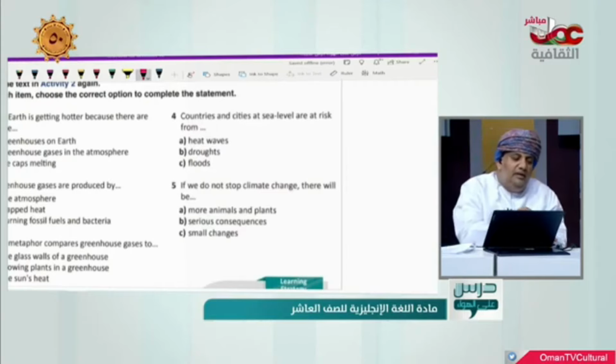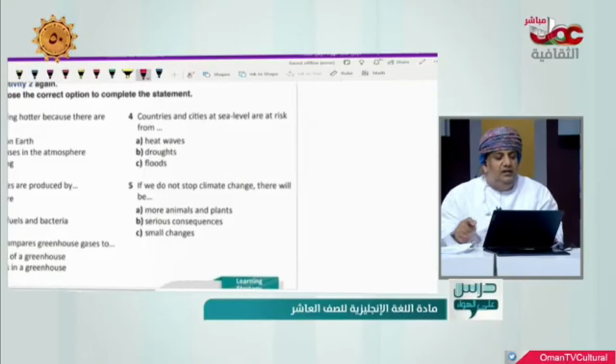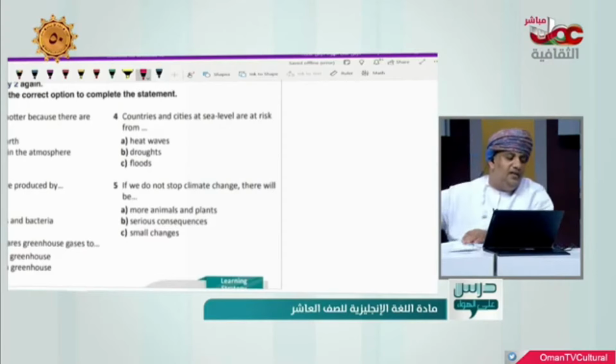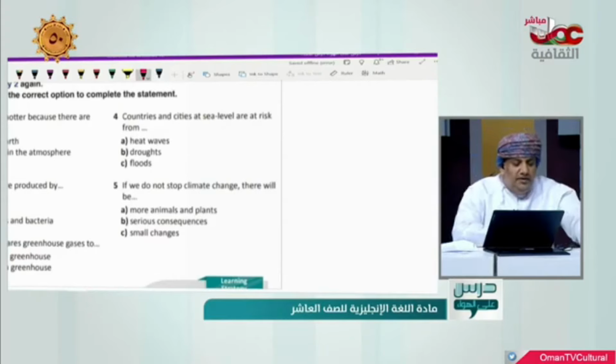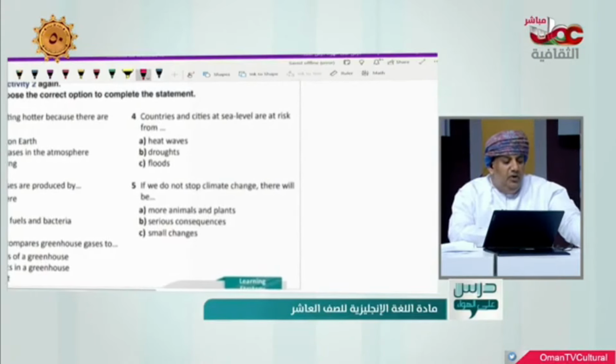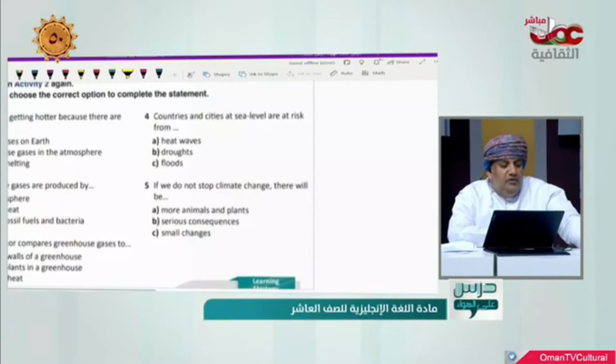I think it's B, because we have greenhouse, it's in the atmosphere. So now let's look for number 2. Greenhouse gases are produced by the atmosphere, or trapped heat, or fossil fuels and bacteria.